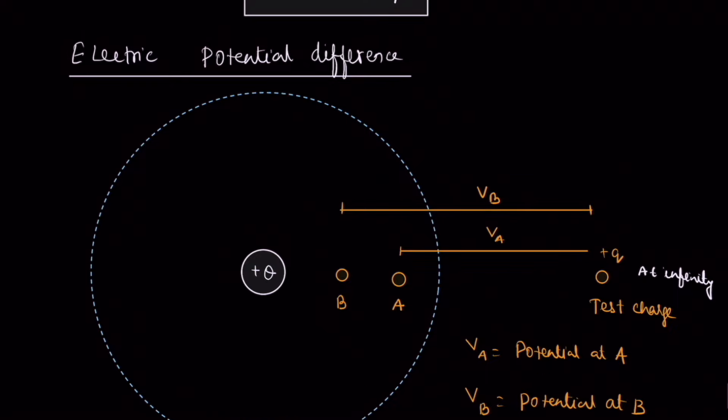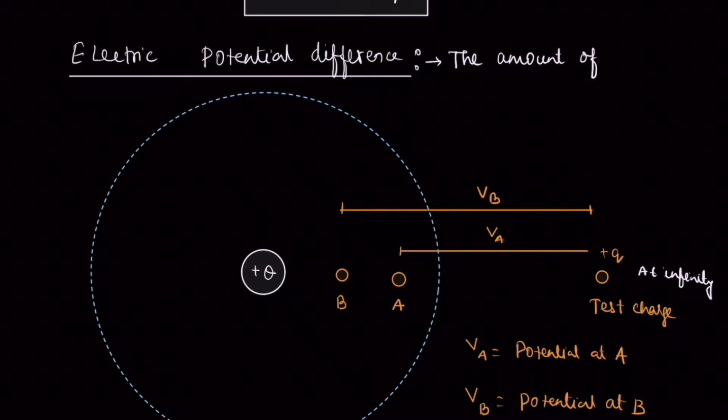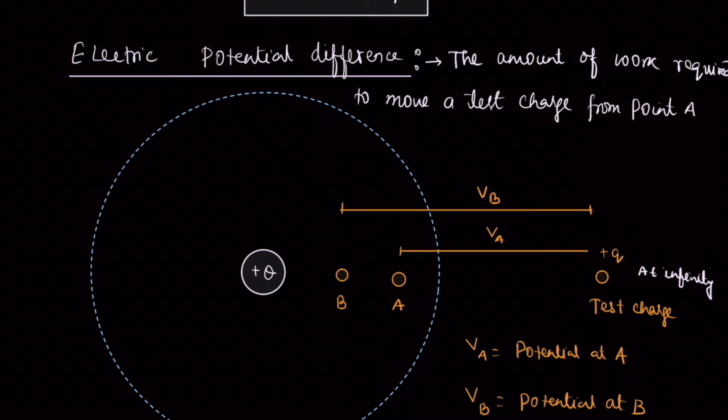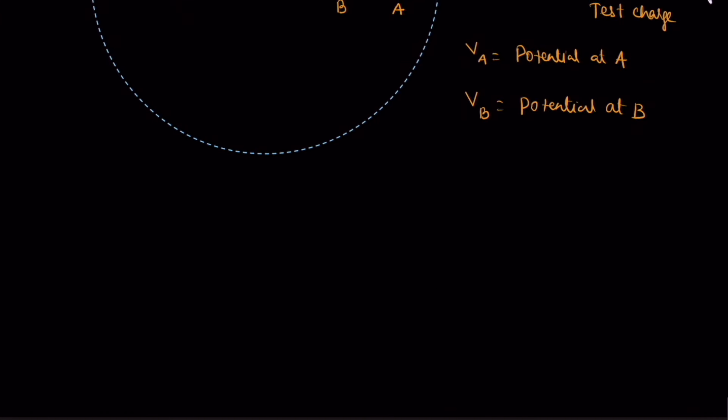We can define it as the amount of work required to move a test charge from point A to point B. If we write the potential difference between A and B, it is written as potential at A minus potential at B.